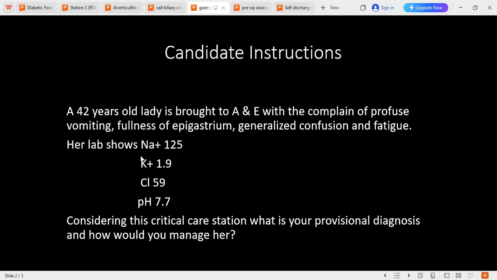How much should the normal potassium level be? Normal potassium levels are from 3.5 to 4.5. So here, because of vomiting, it's low. This low potassium can result in complications like arrhythmias or cardiac events.